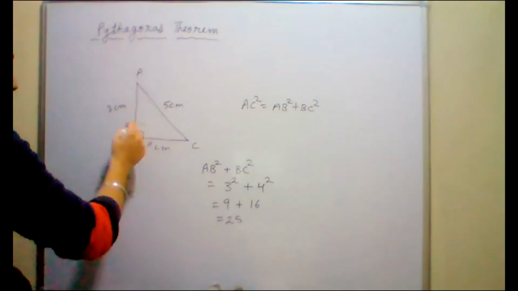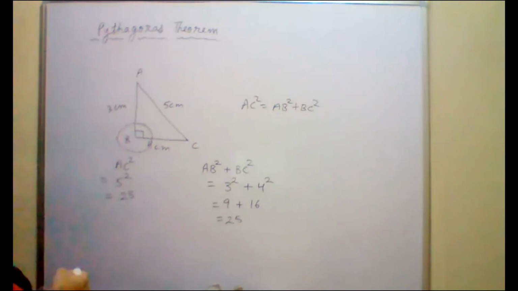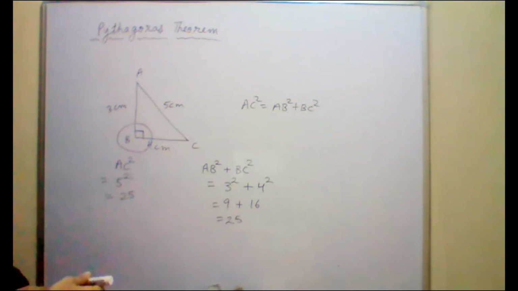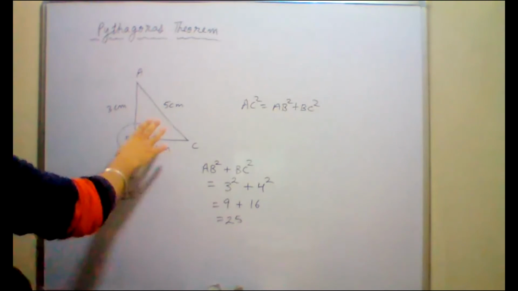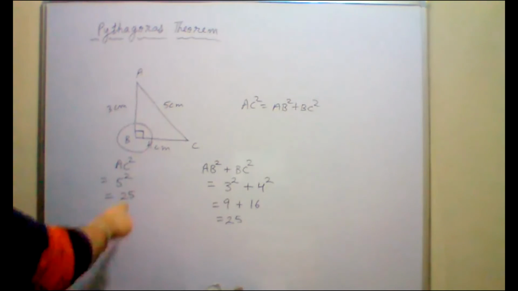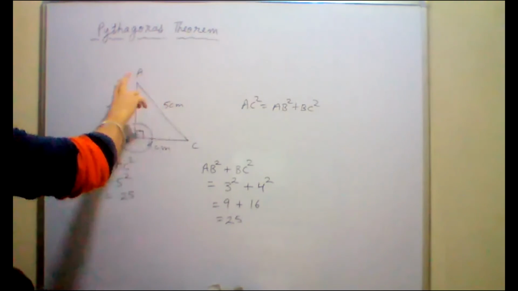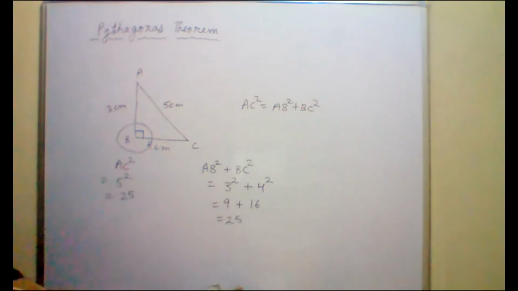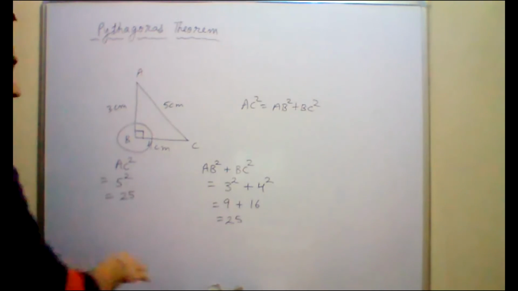Because it is a right triangle, यानी कि एक एंगल इसमें 90 डिग्री का है. So whenever it is a right triangle, this thing will always happen. जब भी right triangle होगा, hypotenuse का स्क्वायर परपेंडिकुलर और बेस के स्क्वायर्स के सम के इक्वल आ जाएगा. Got it? Clear, all of you? Yes, sir.